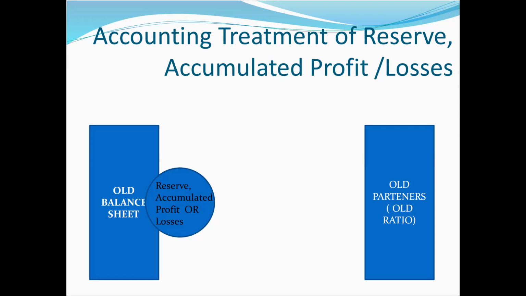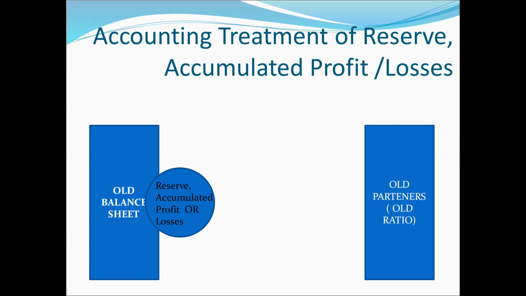So you know very well, dividend, asset or liability? Dividend is considered a liability, because this dividend does not belong to us. So accumulated profit comes under the liability side.